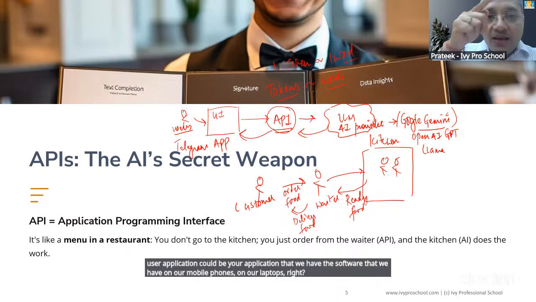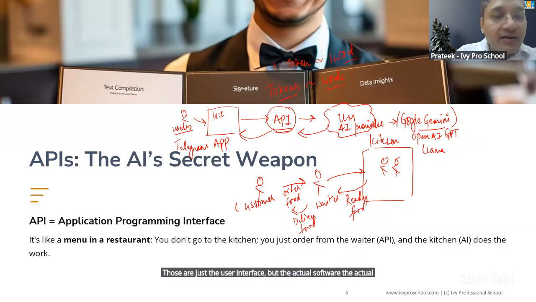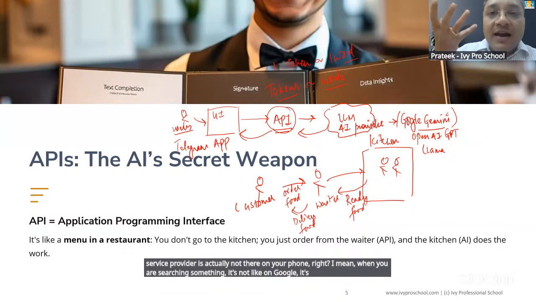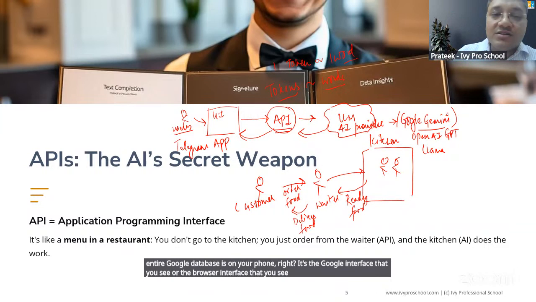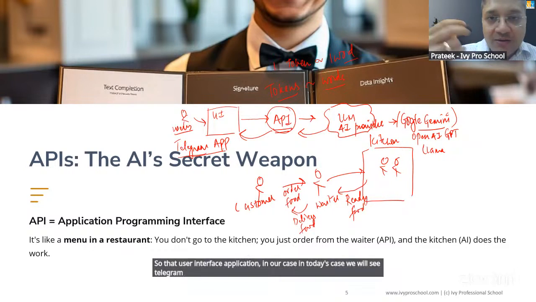Those are just a user interface, but the actual software service provider is not there on your phone. When you are searching something on Google, the entire Google database is not on your phone. It's just the Google or browser interface that you see, a user interface. So in today's case, we will see Telegram as the user-facing application.